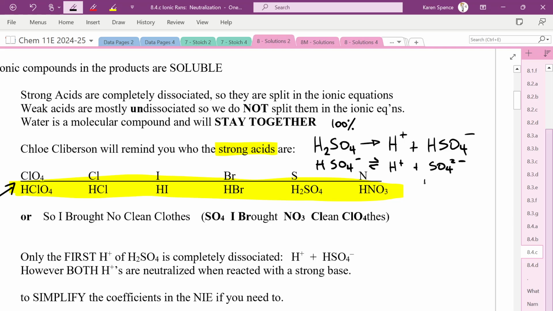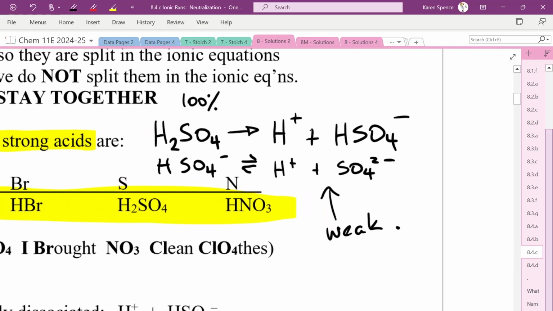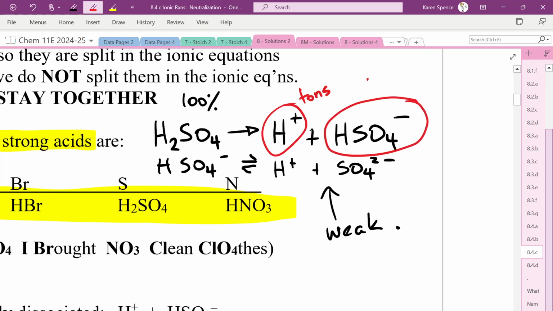This is weak. So when H2SO4 dissociates, you have tons of this, tons of this, and you have very little of the H plus and the SO4 2 minus.